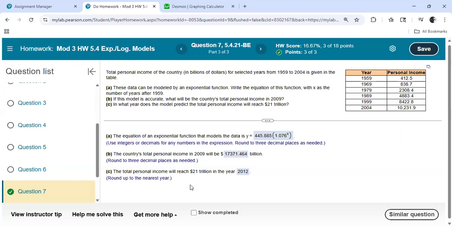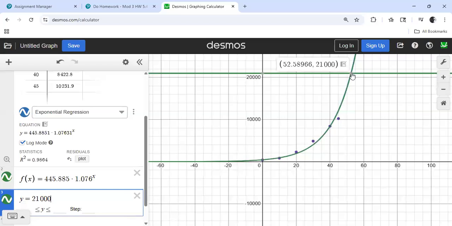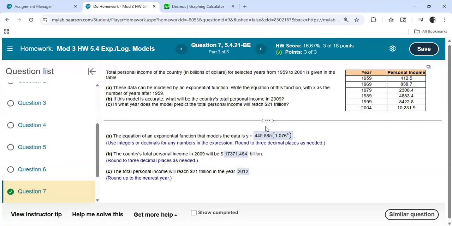And then the third question is giving you an output, 21 trillion or whatever your problem is. Remember to convert the trillions to thousand billions. So 21 trillion is really 21,000 of these units, billions. That one you can solve graphically. You can just type in y equals 21,000 and take a look at where it crosses that function, read off the x value, round it up to the next whole year, add that to 1959 or whatever your start year is.